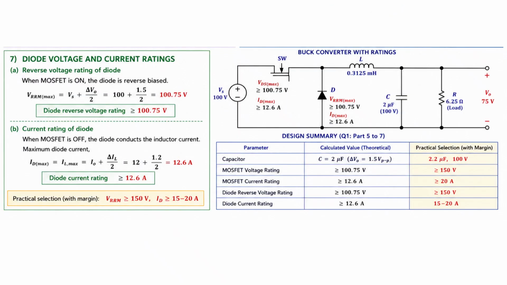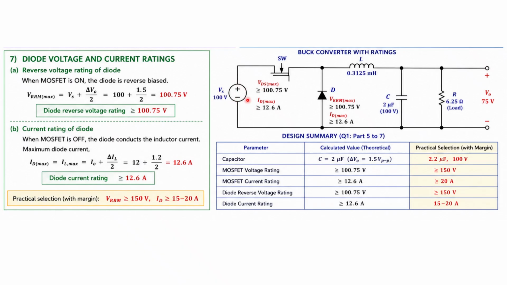Now we will move on to the last part of the converter design, diode voltage and current rating. We have a freewheeling diode in the circuit and we have to find the voltage rating of the diode. The diode rating is also the same as that of the MOSFET rating. The voltage should be greater than the supply voltage, because when the switch is in on condition, the voltage across this diode is directly the supply voltage.